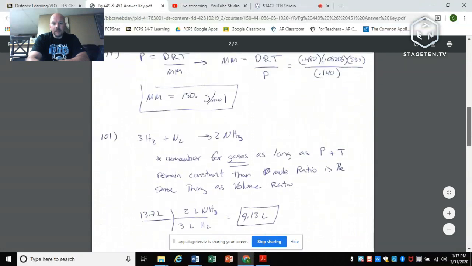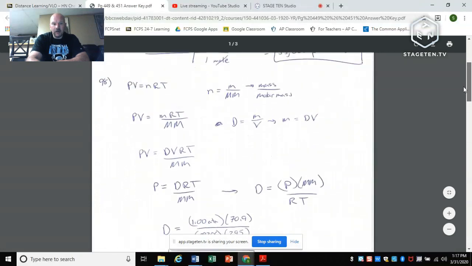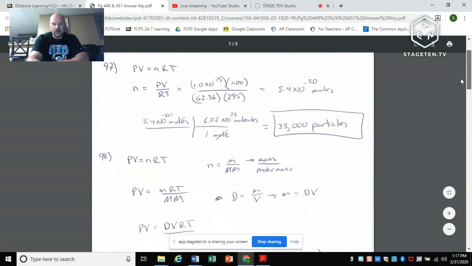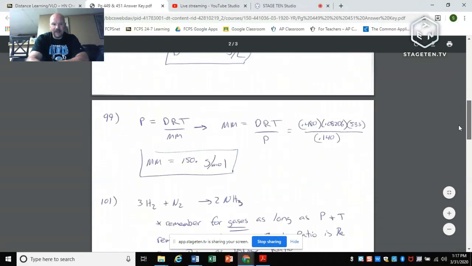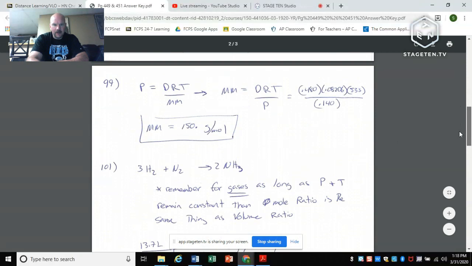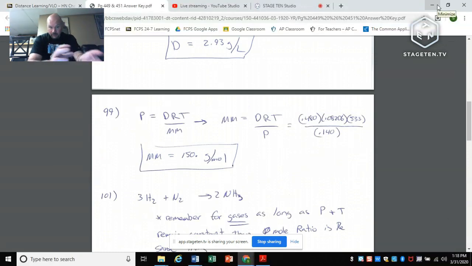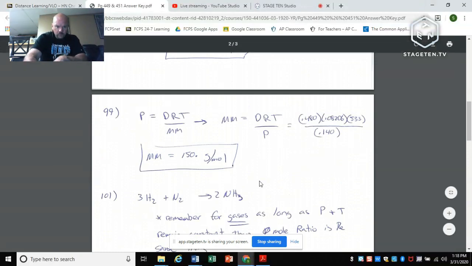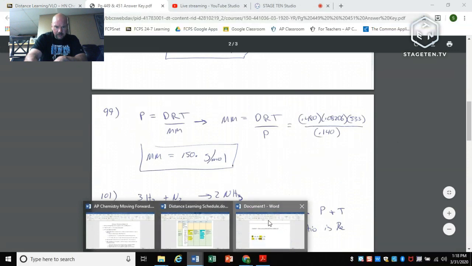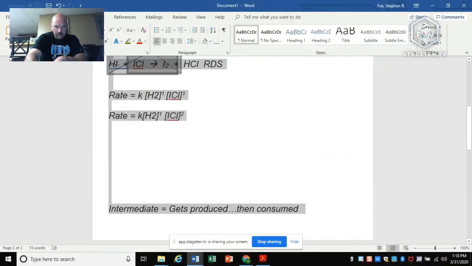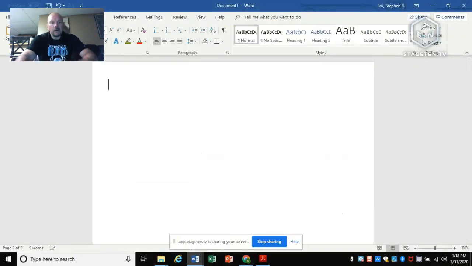I guess one thing I want to make sure you get is where we went for number 98 and 99. It's just kind of using a bunch of equations we already know and combining them. So let me get a Word document. This was from the AP one. Okay. So the ideal gas law, PV equals nRT, right?